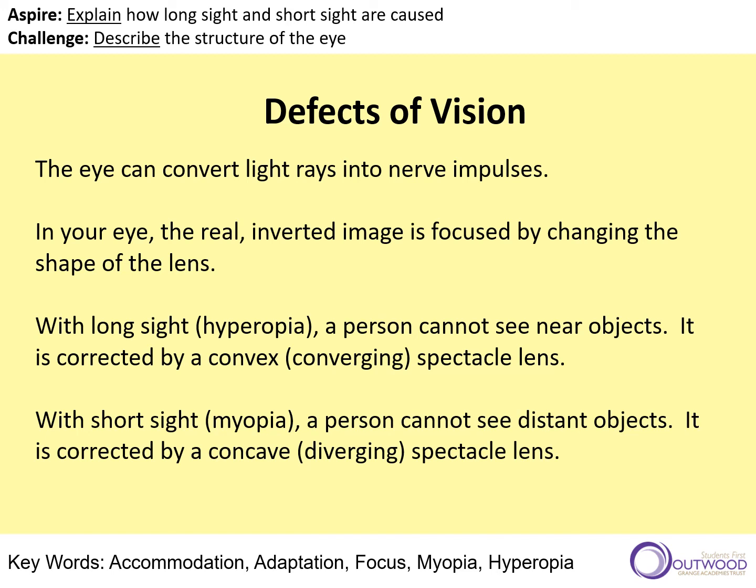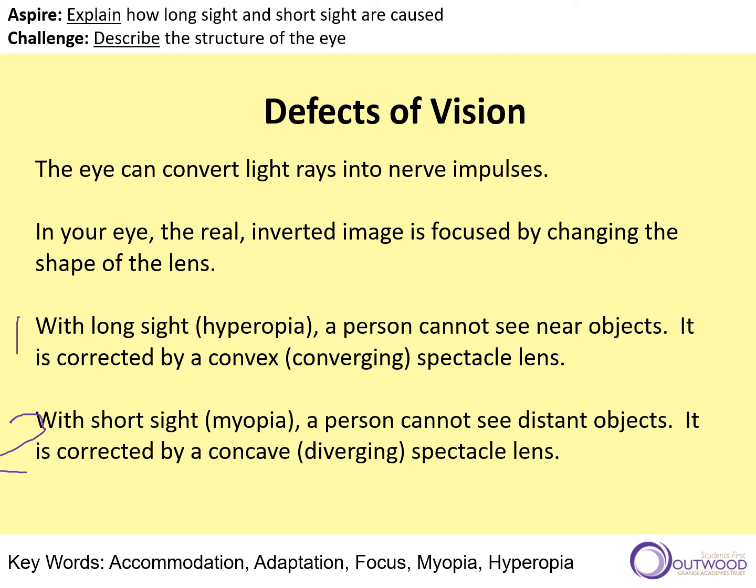So you need to be able to state that point. These 2 points, 1 and 2, are quite important. I'd write them down as they are. So when you've got long-sightedness, which is hyperopia, a person cannot see near objects, and you need to use a convex lens.